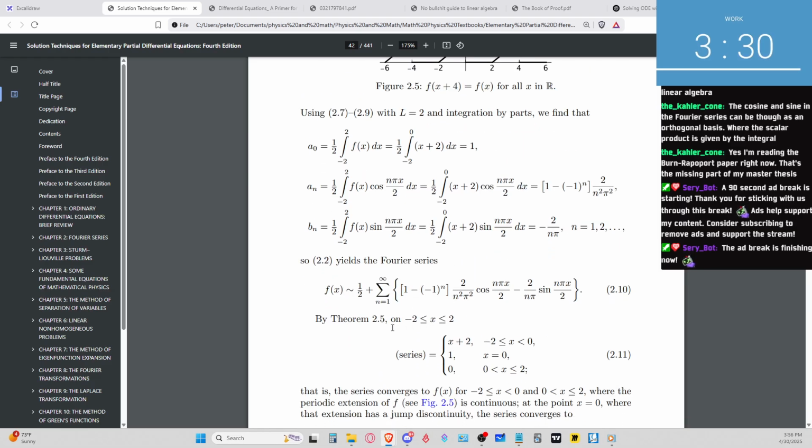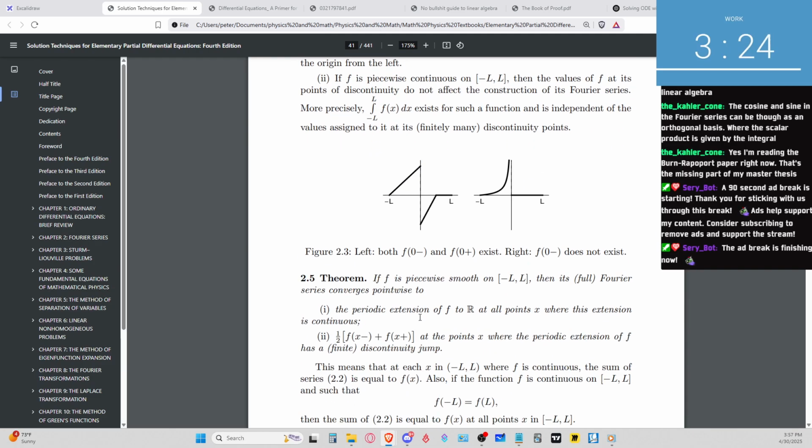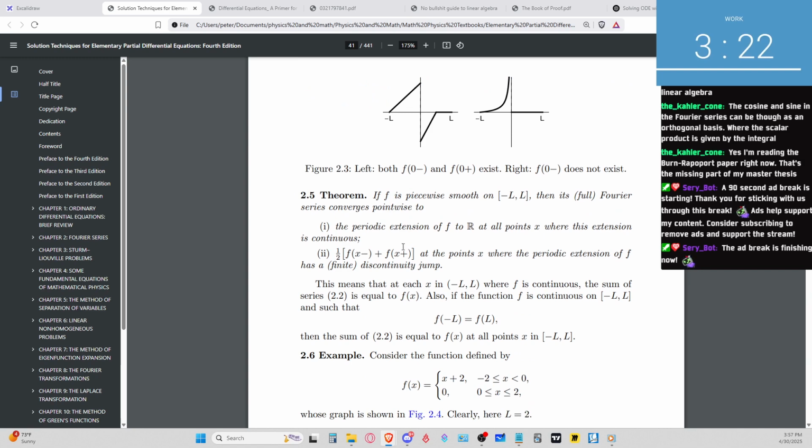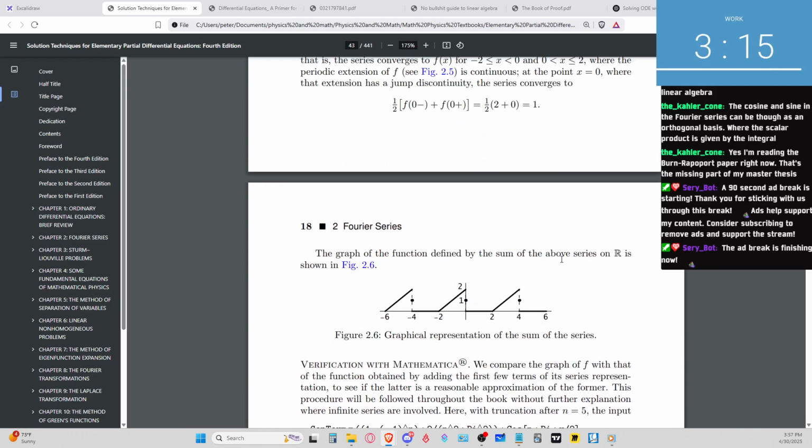This yields the Fourier series by the theorem, where is it, 2.5. Oops, went too far.